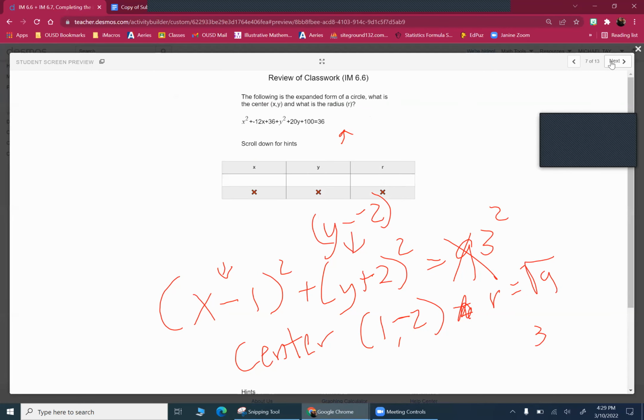I'm going to go parabola. Okay. So let's clear out some of my annotations here. All right. So this is not quite written the right way. It's close. It's not written as x minus something squared plus y minus something squared equals some number.